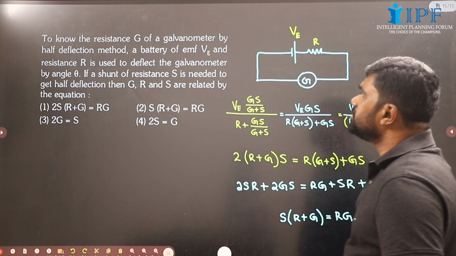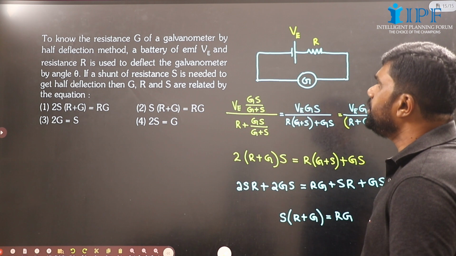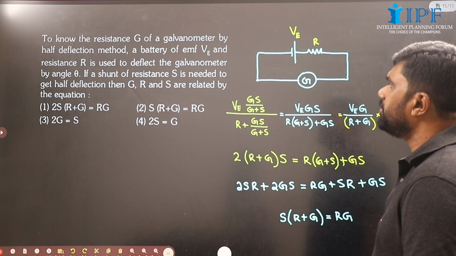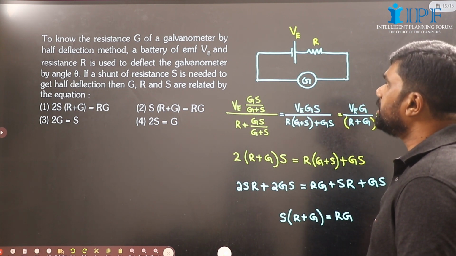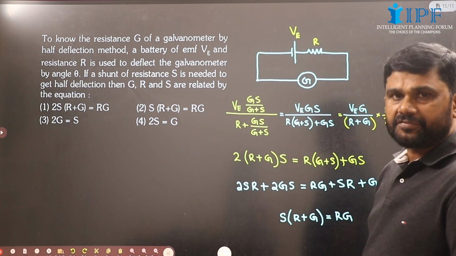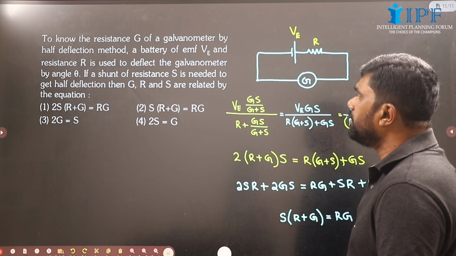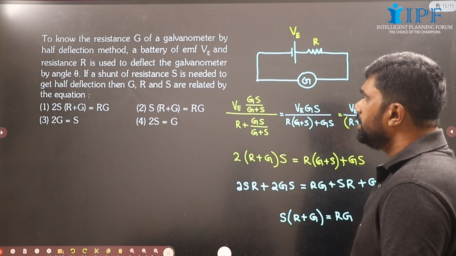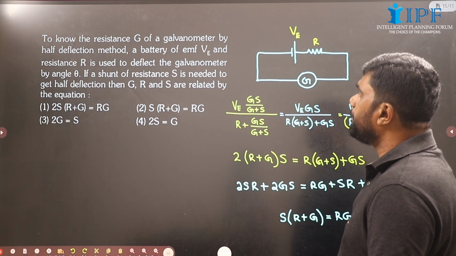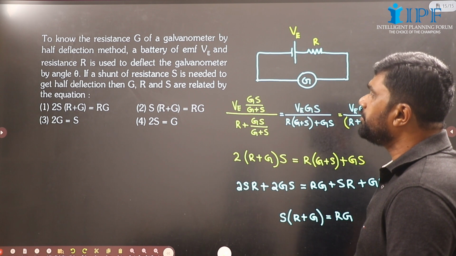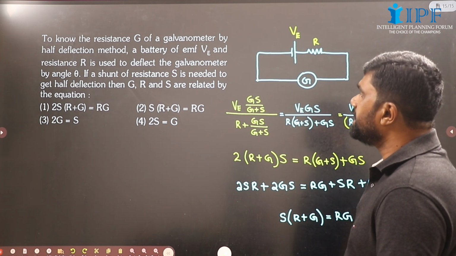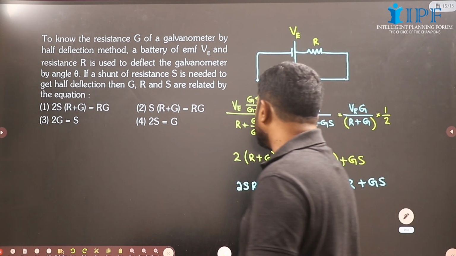Now let's see. To know the resistance G of a galvanometer by the half deflection method, a battery of EMF V with suffix E and resistance capital R is used to deflect the galvanometer by angle theta. If a shunt of resistance capital S is needed to get half deflection, then G, R and S are related by the equation.